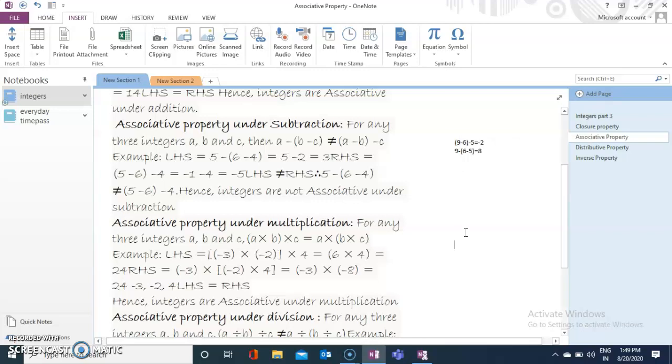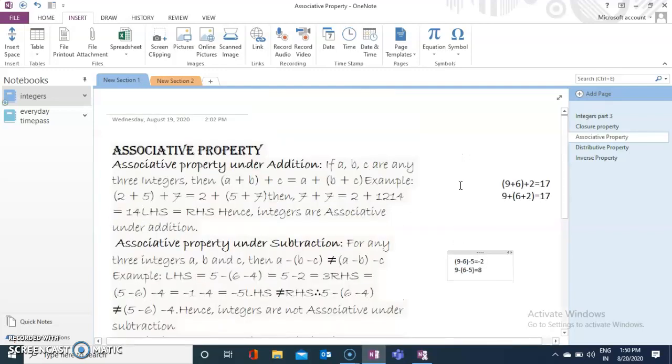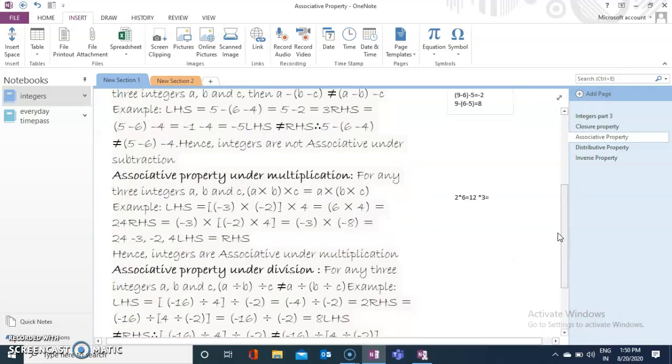Associative property under multiplication. For any 3 integers a, b and c, (a into b) into c is equal to a into (b into c). Live example, 2 into 6 first we will do, which is 12. Then 12 into 3 is 36.